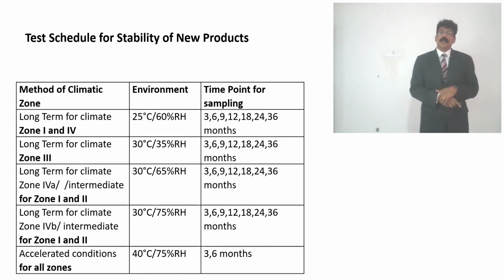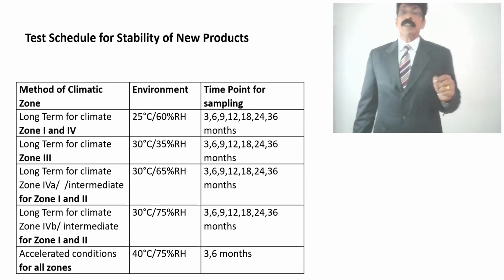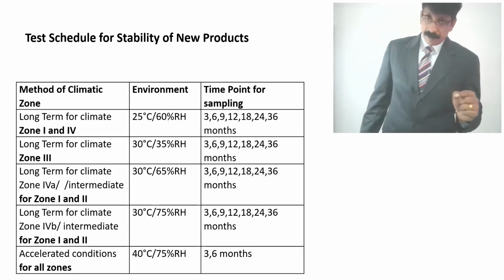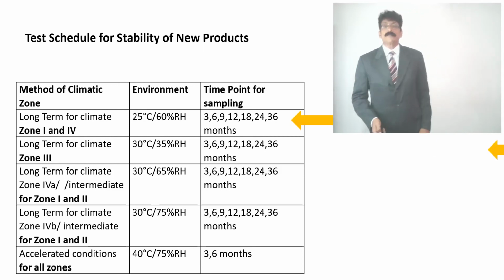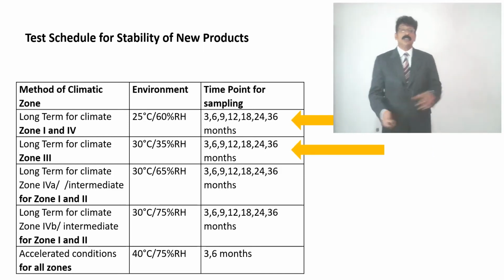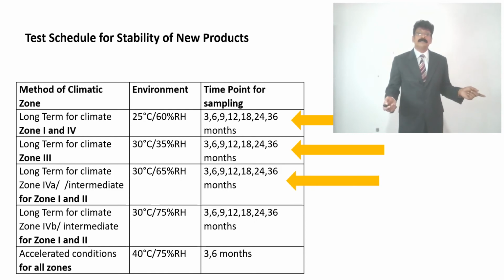the relative humidity and the temperature that should be maintained in the instrument, up to which we discussed last class. And now we are continuing with the long-term climate and the zones.